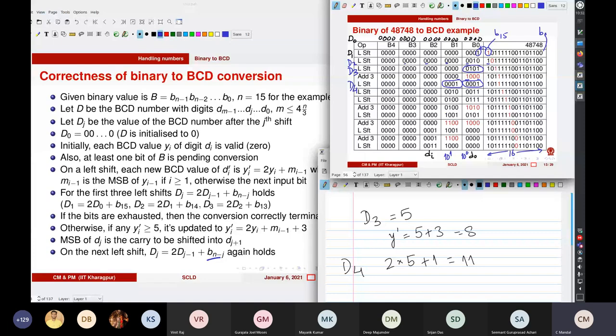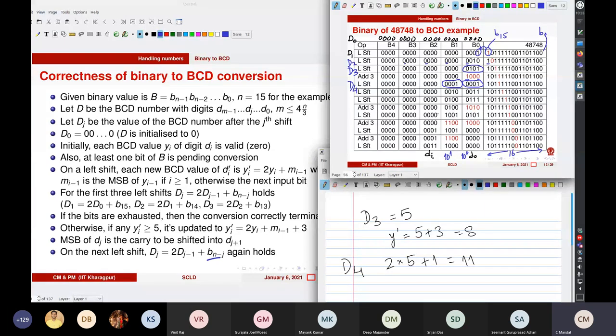That is why you have this relation. With each left shift, the value of the digit doubles, and in case the value turns out to be greater than or equal to 5, then you apply the correction. So that is how you find that this conversion is working.